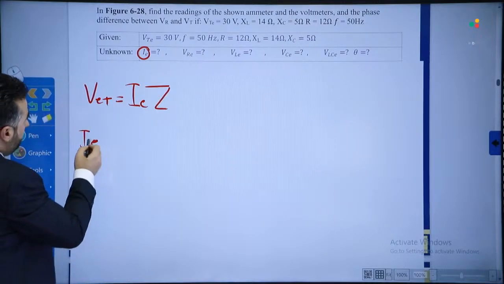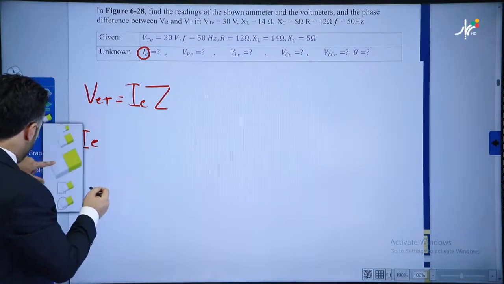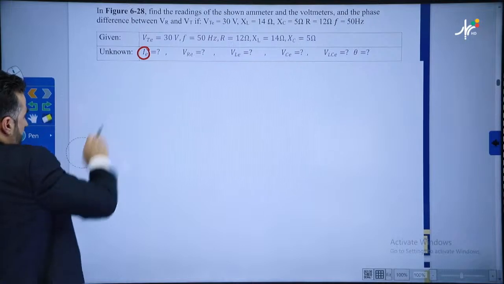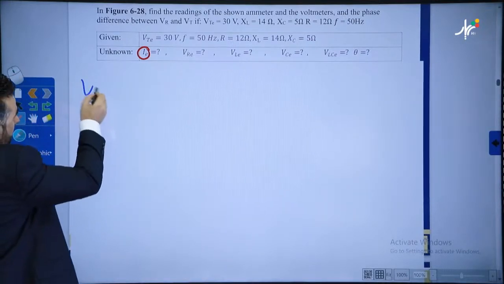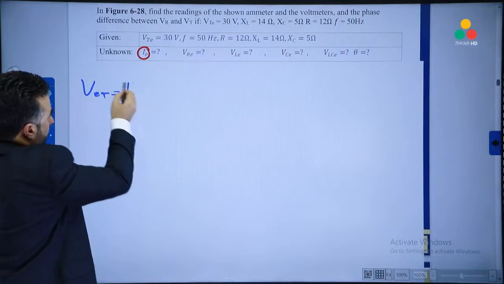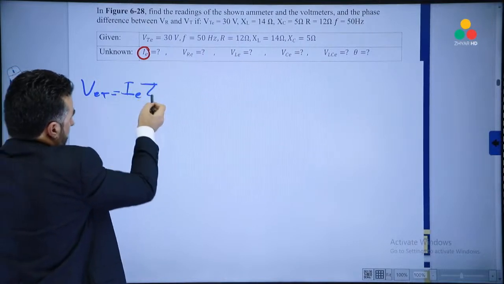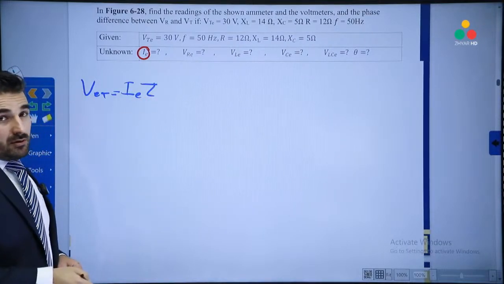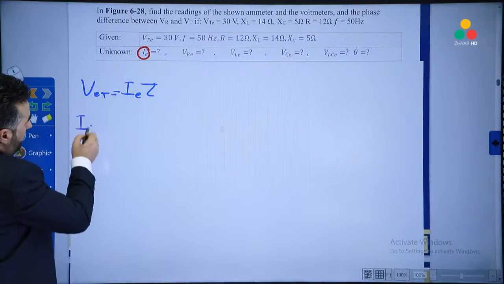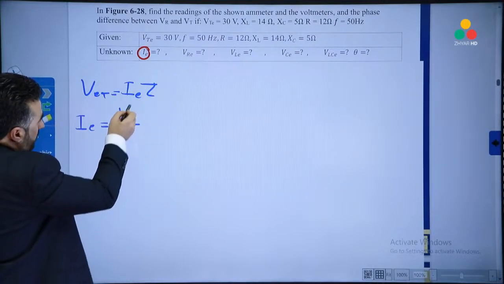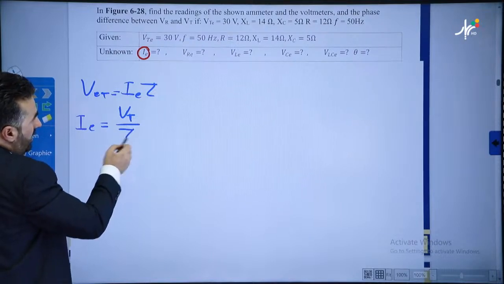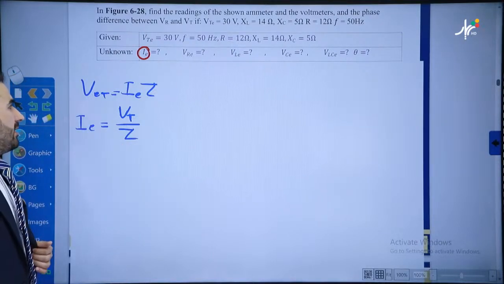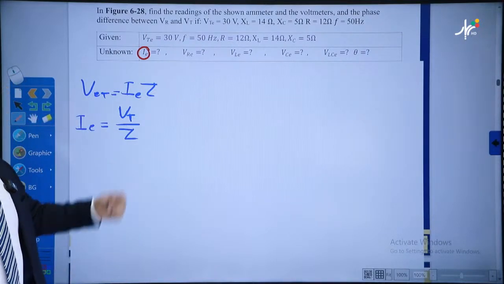Let's just minimize this and save some space perhaps. Okay, so once again, V effective total equals I effective, the total, multiplied by Z, which is the total impedance here. So I effective equals V effective total divided by the total impedance.